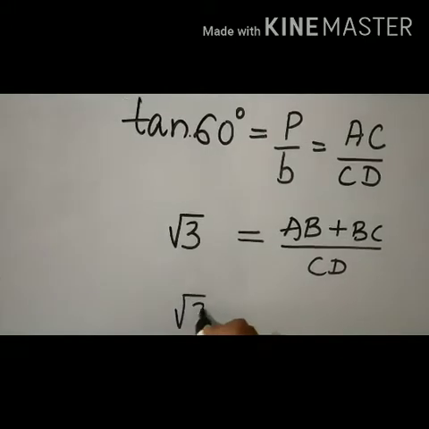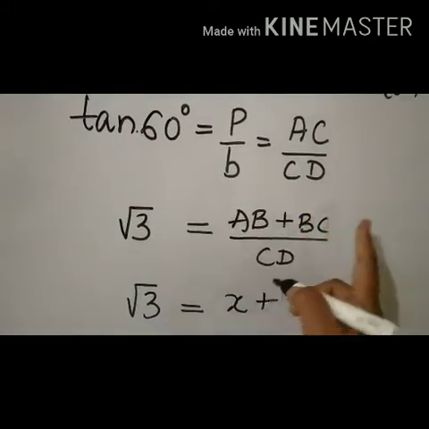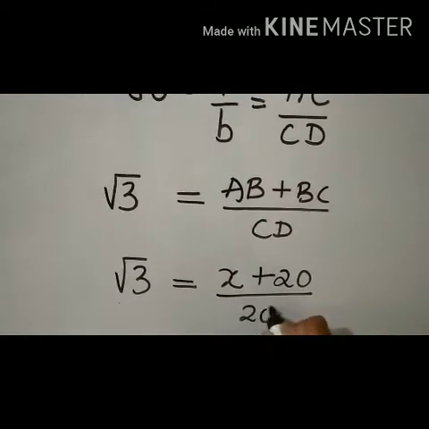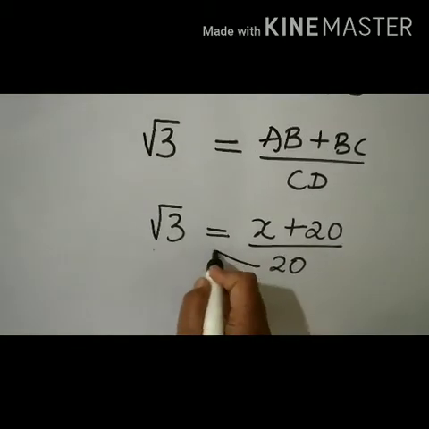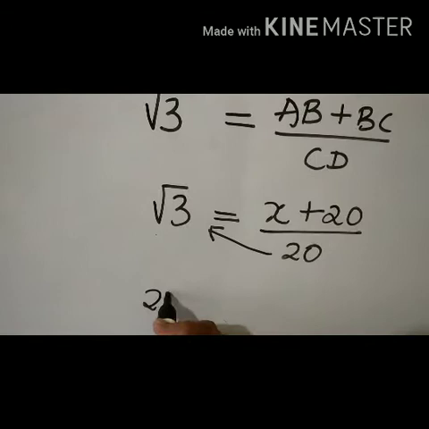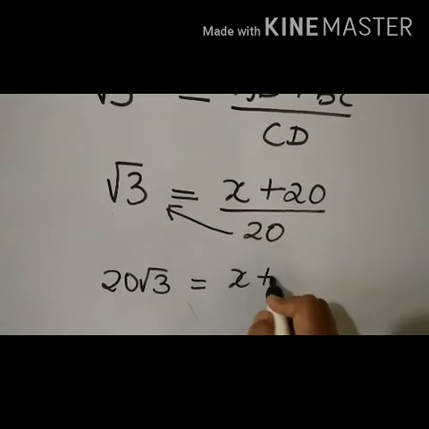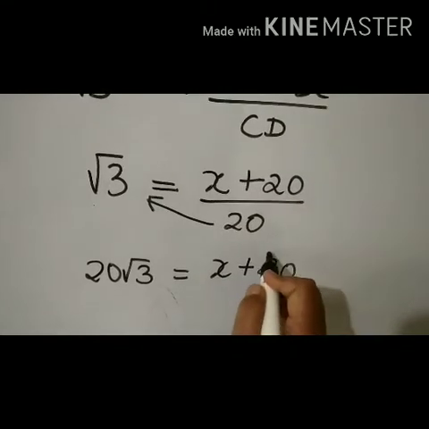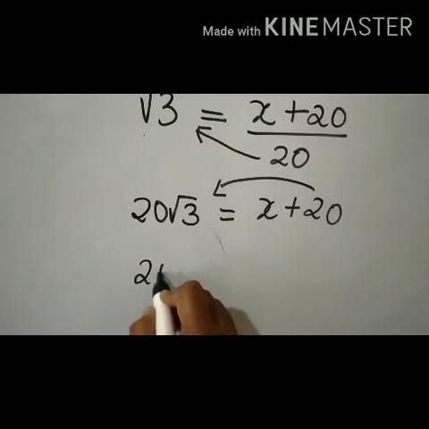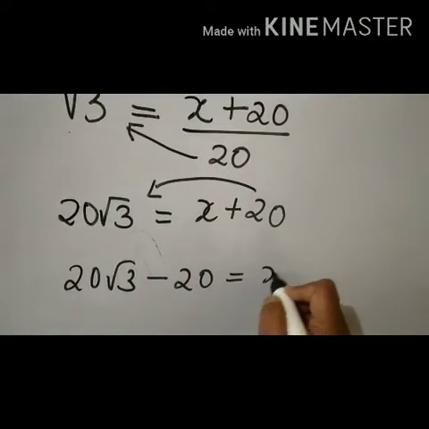So let us now mention the values of all. AB is x, BC is 20, CD is also 20. So now using the transposition, we have 20 goes to the left side, it becomes 20 root 3 is equal to x plus 20. Now again the transposition of 20 on the left side, we will be getting 20 root 3 minus 20 is equal to x.